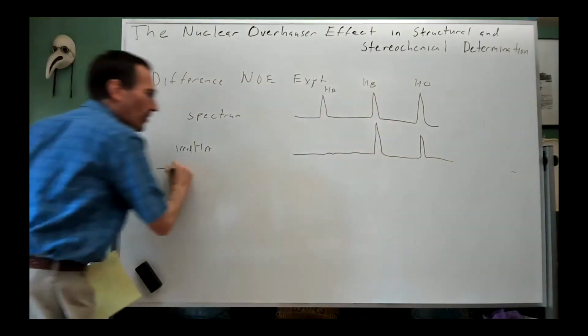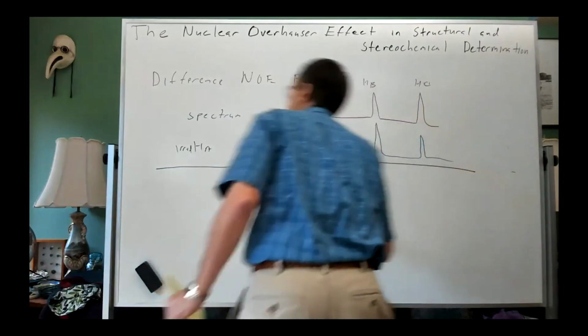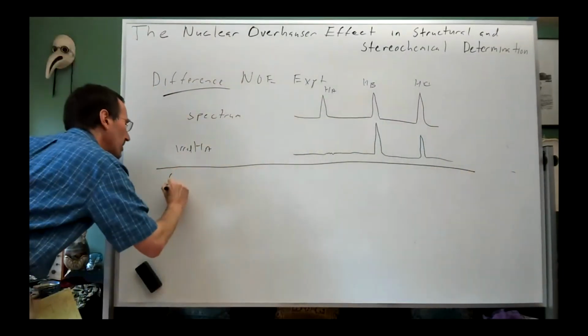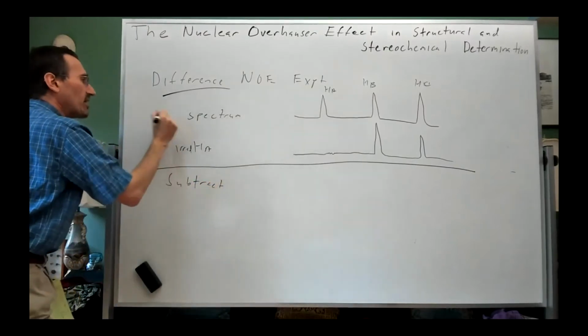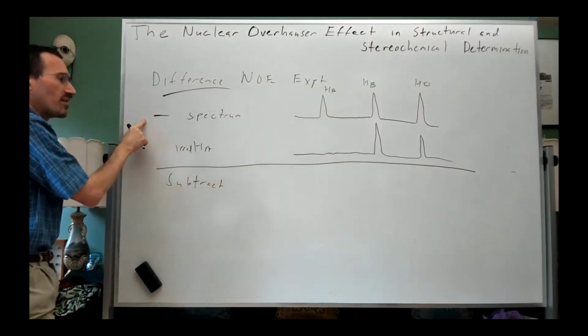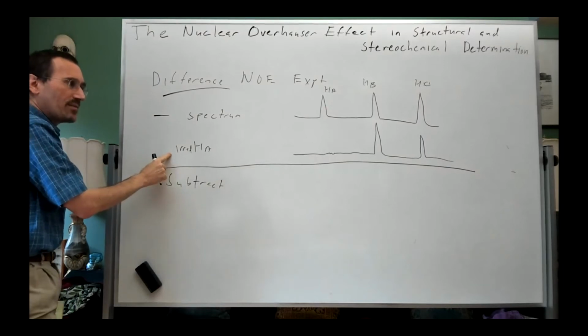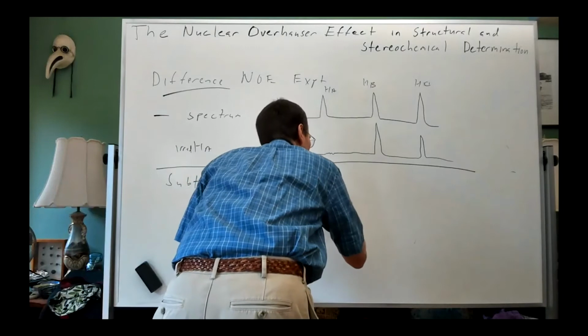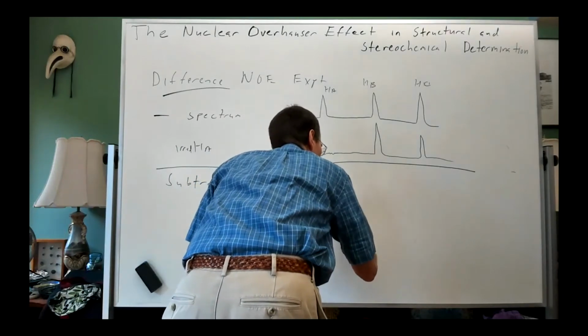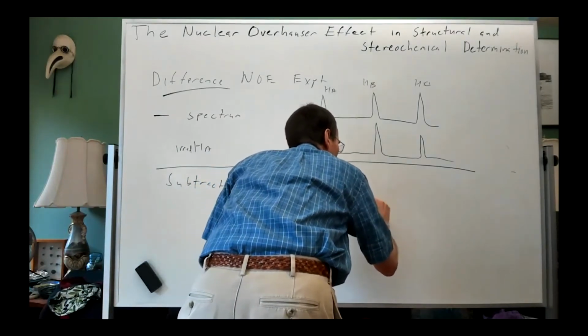And so if we subtract, and that's why we call this a difference NOE, specifically if we take the spectrum and subtract it from the irradiated spectrum, what you'll see is something that looks like this, where now the HA goes down.